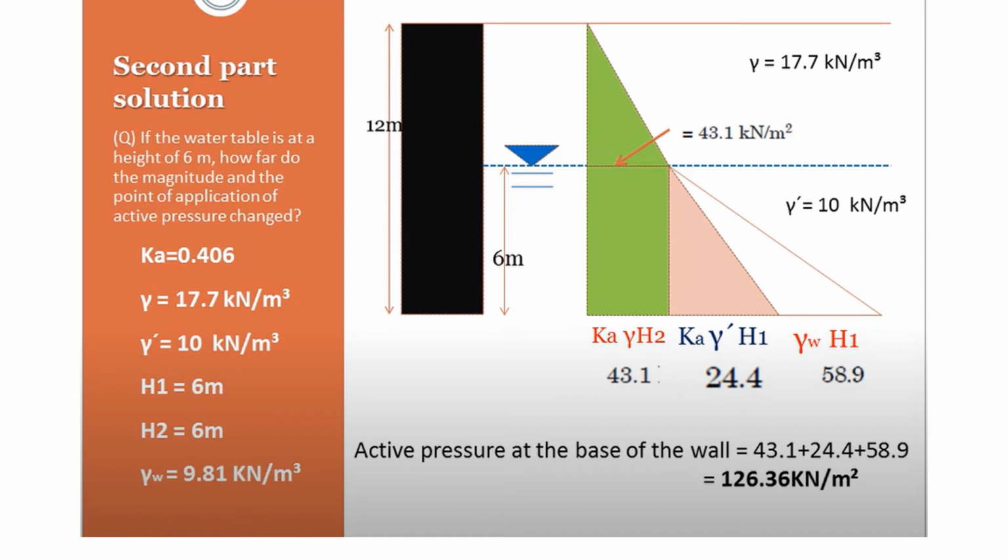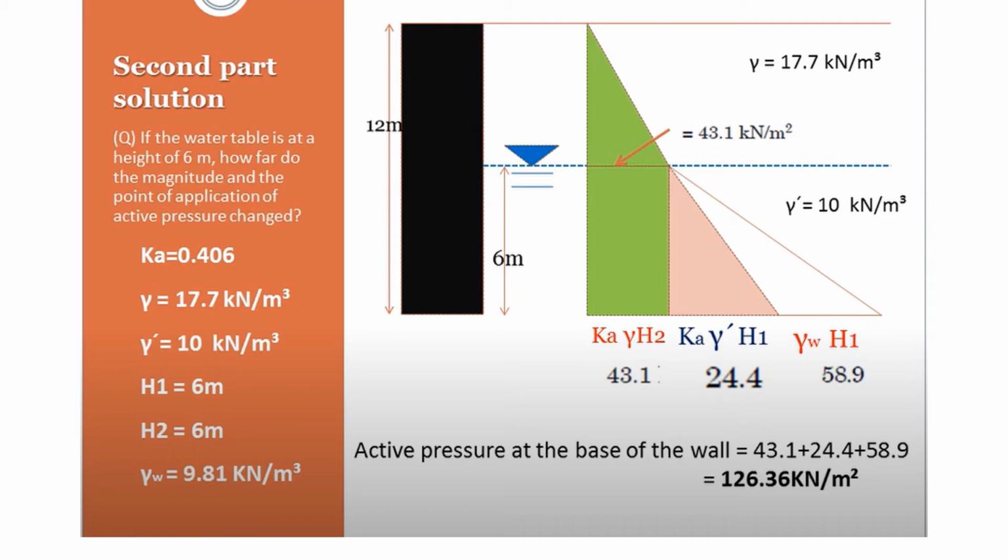The pressure on the retaining wall due to the submerged soil is given by Ka into gamma dash H1, where gamma dash is the submerged unit weight of the soil, and it is multiplied with the height of this submerged soil, which is 6 itself. So H1 is the height of the submerged soil, and H2 is the height of the dry soil.